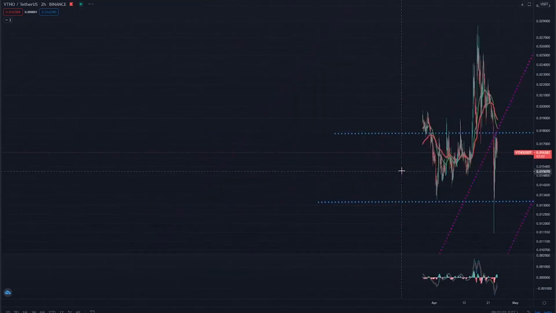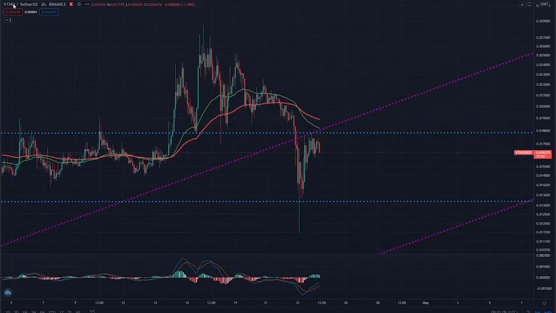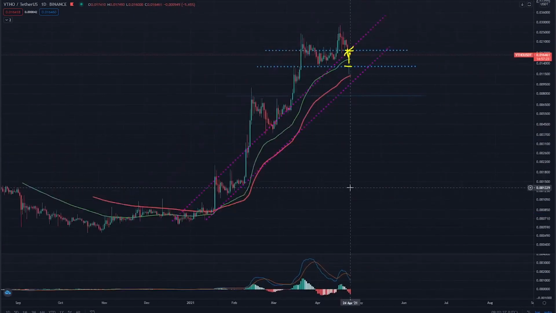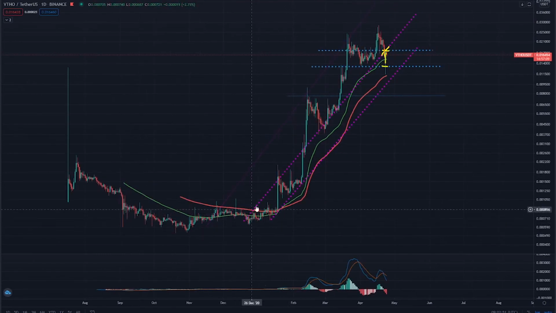And finally, also taking a look at the VTHO, so the VTHO token used for the gas fees on the blockchain itself. We can see that now it has actually fallen down in between some supports and also some other trend lines, and this goes quite a long way back as well, to the start of the year 2021.